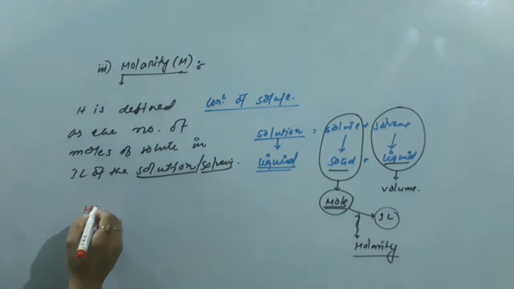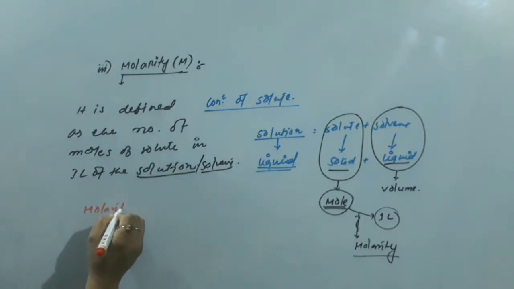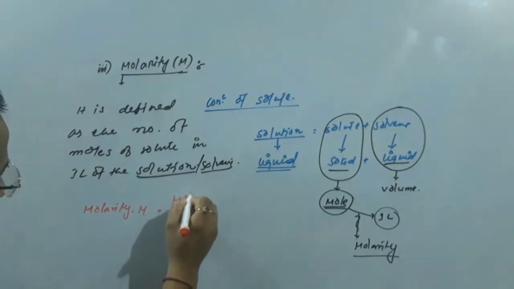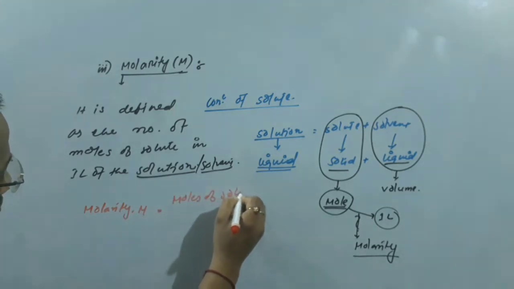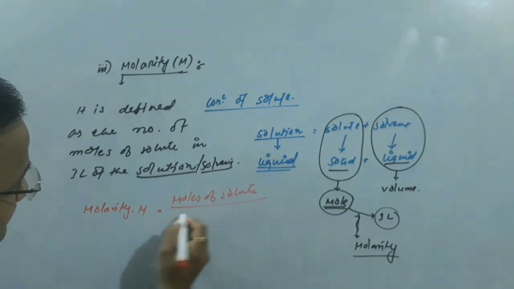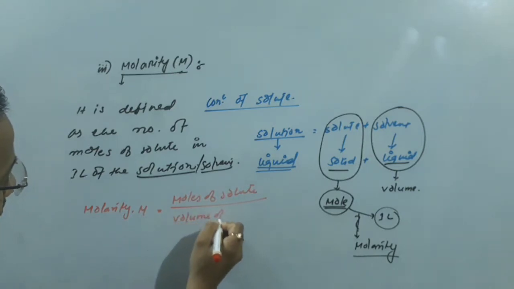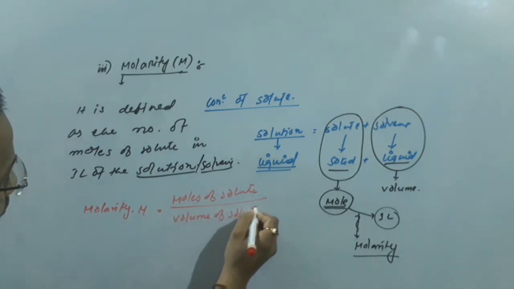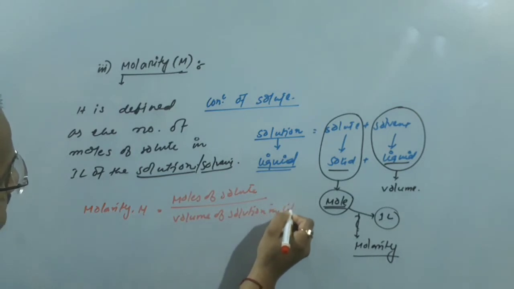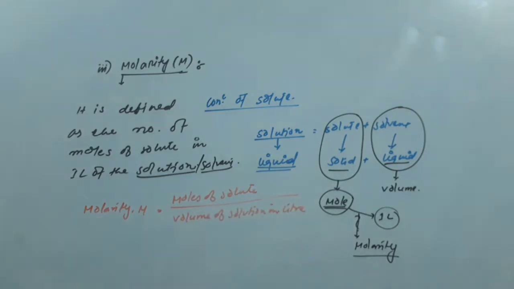Mathematically, molarity capital M equals moles of solute in volume of solution in liter. So you can consider this as an equation here. Volume of solution in liter. I hope you guys have understood the concept, right?